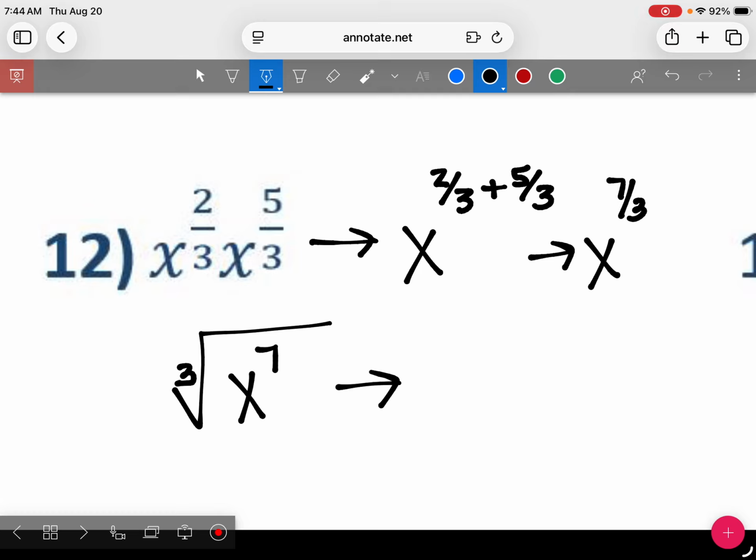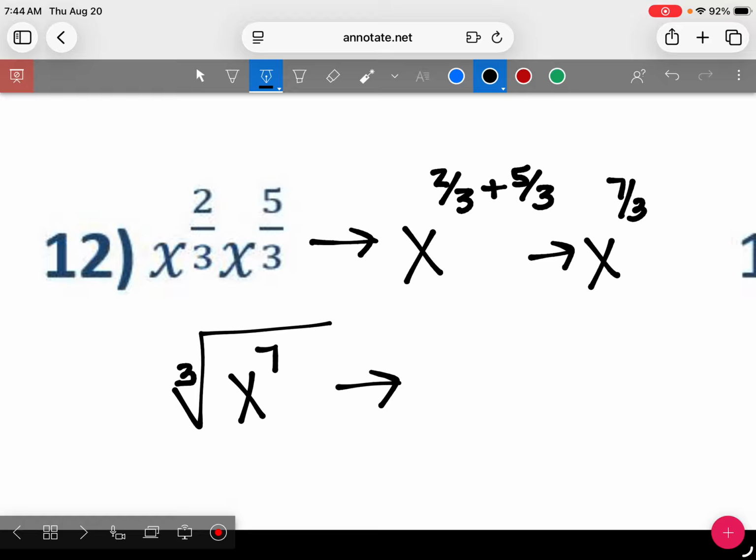How many groups of 3 can you make with 7 people? First you have to add the fractions, then you rewrite it, and then you simplify it. So we have 7 people.